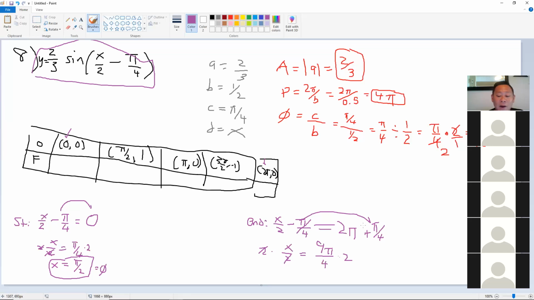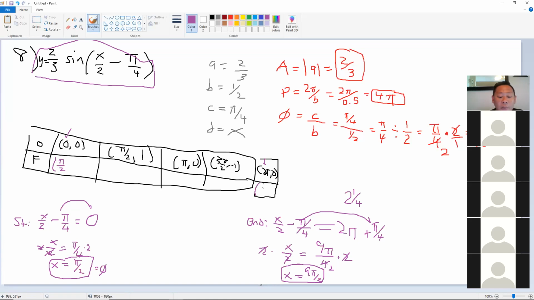When you add this, you get 2 1/4, and to convert this to improper, you do 2 times 4 plus 1. That's why I get 9 pi over 4. And then you multiply this by 2, so the 2 cancels out, and you end at 9 pi over 2. So this is your end point. Now your start point is at pi over 2.